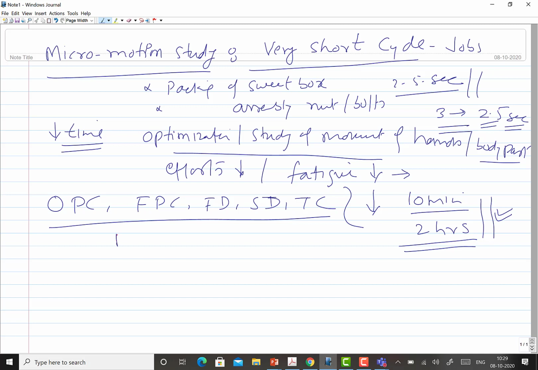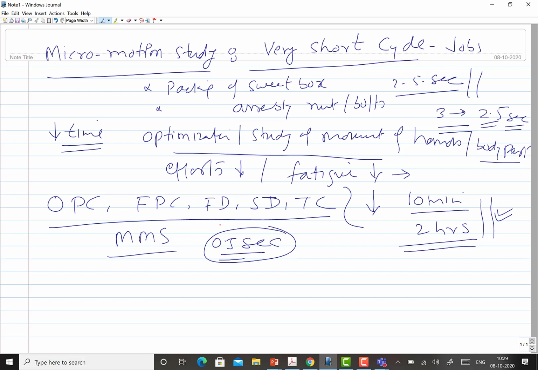If, using micro motion study based techniques, we are able to cut down the time by 5.5 seconds, then these are not the techniques for improving the productivity by cutting down the time.